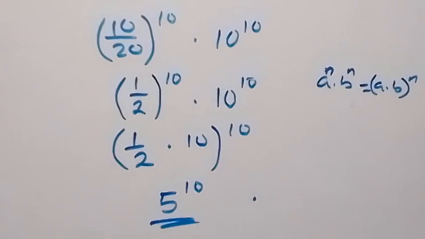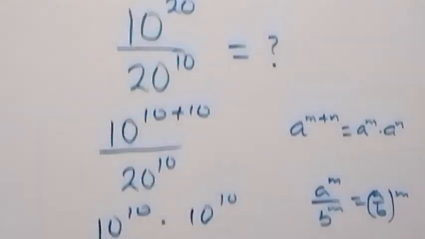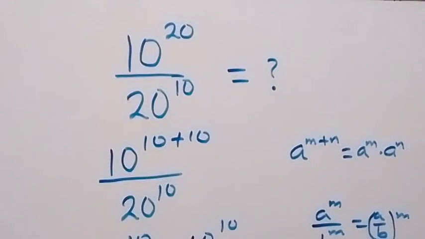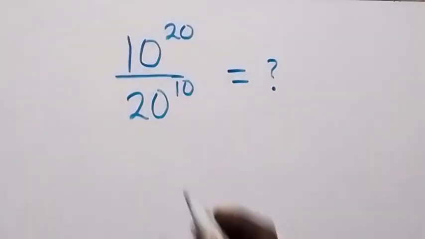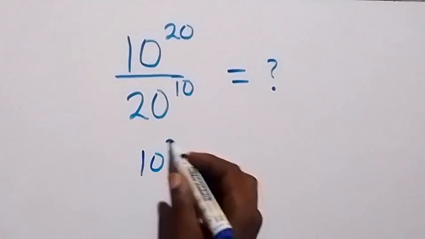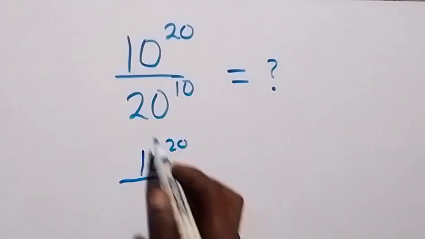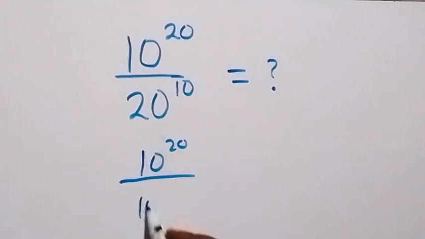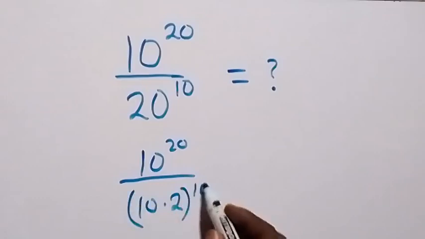Then to use another method from here, write this as 10 raised to power 20 over, we can break this down as 10 times 2, then raised to power 10.